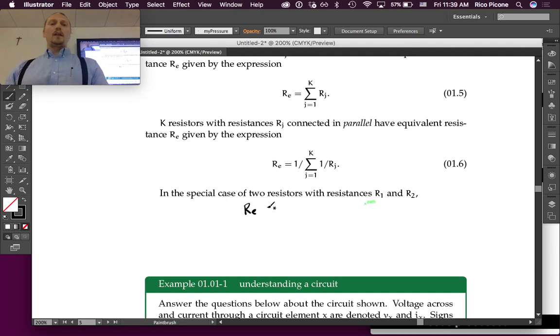So Re is equal to 1 over 1 over R1 plus 1 over R2, right?